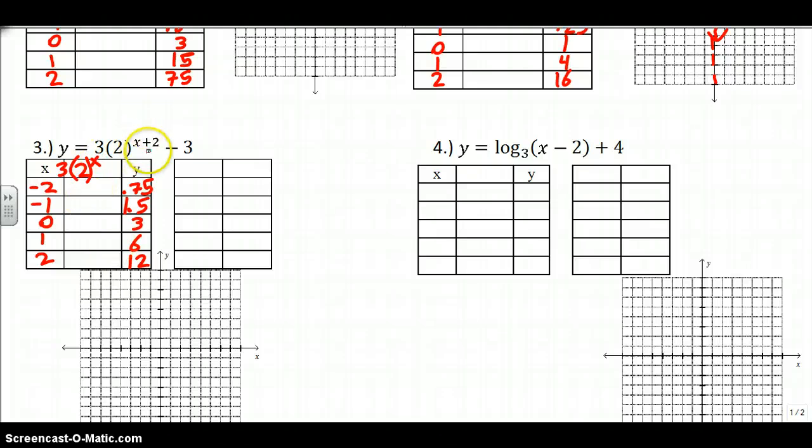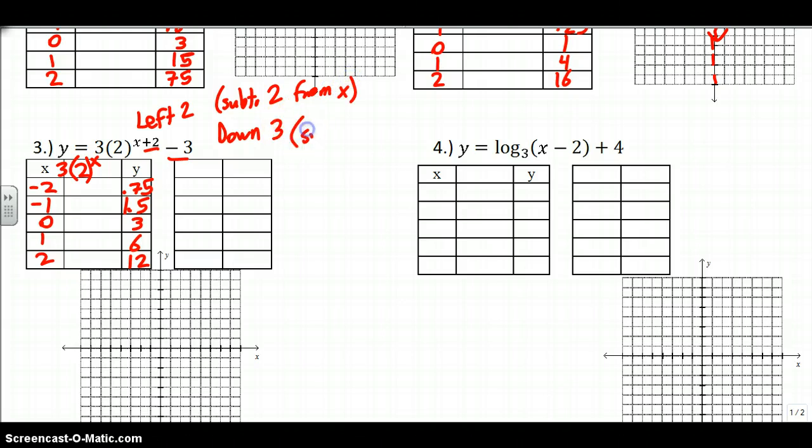I need to shift it. This plus 2 tells me I'm going to go left 2, and this minus 3 tells me I'm going to go down 3. Well, left 2 means subtract 2 from x, and this down 3 means subtract 3 from y. So all of our x-coordinates we're going to subtract 2 from. So that's pretty easy.